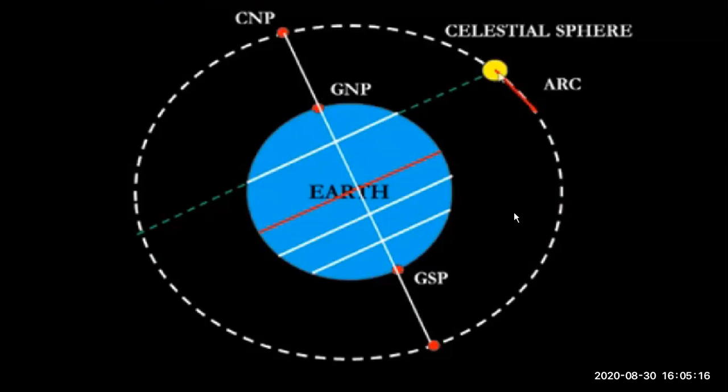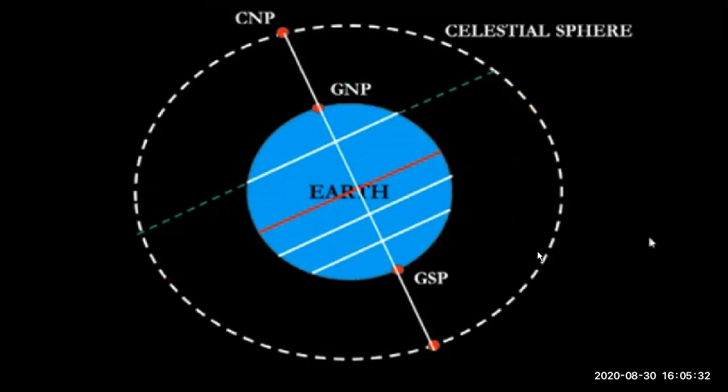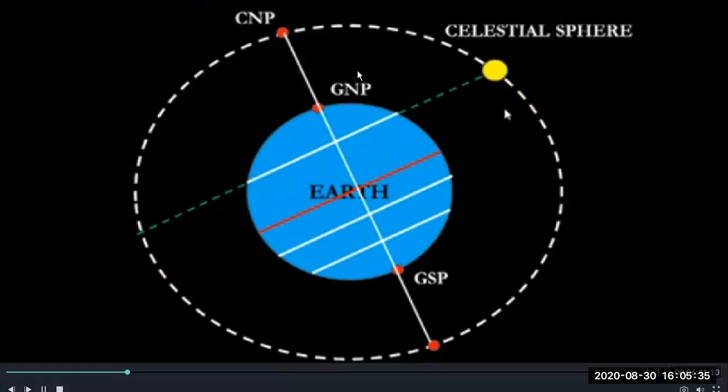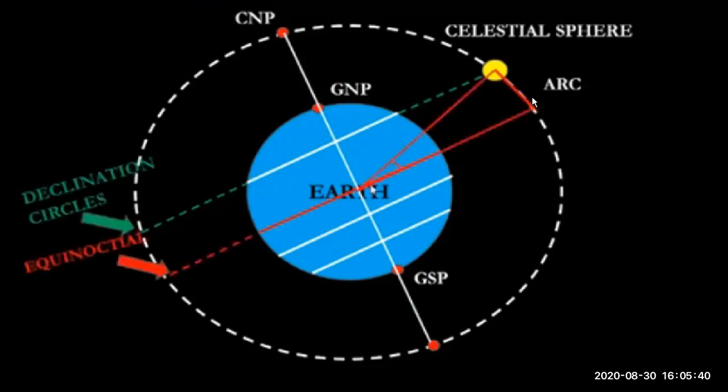This is the complete celestial sphere, and since all these lines are celestial meridians, this outer line is also a celestial meridian. So declination is the arc of the celestial meridian, or the angle subtended at the center of the earth, between the equinoctial and the declination circle.